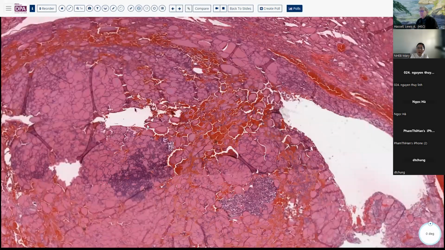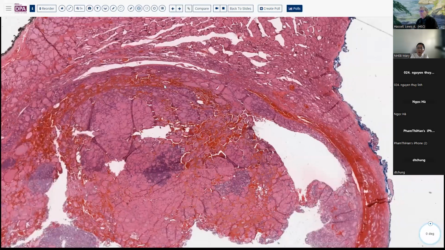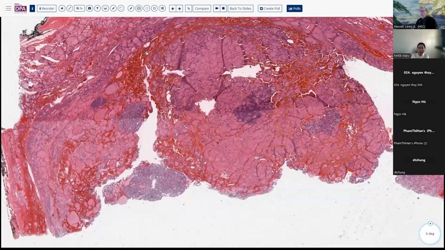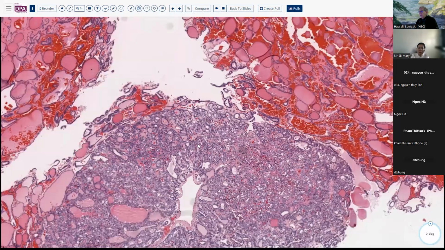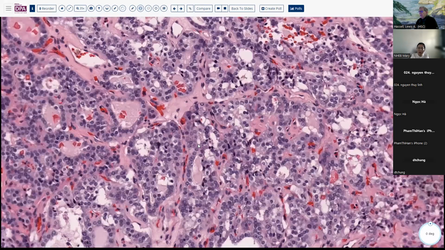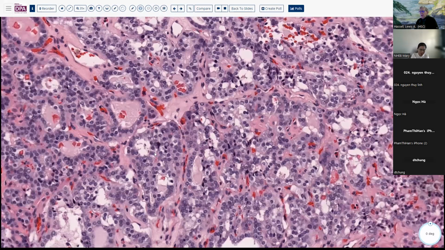And we see this in a setting where we're pretty well encapsulated here. You see this nice solid demarcation here. So previously, we might have called a lesion like this the follicular variant of papillary carcinoma.